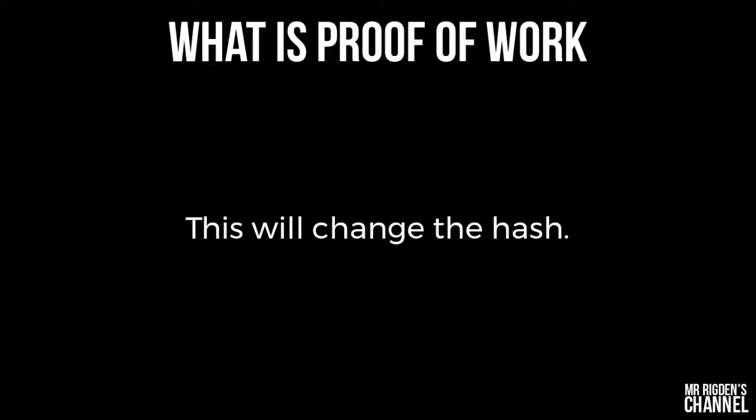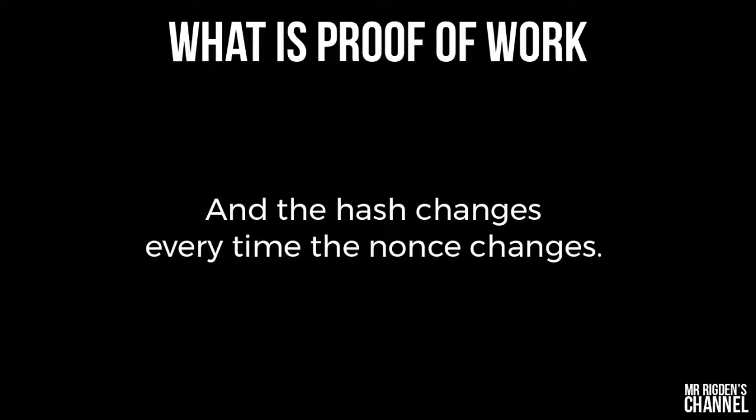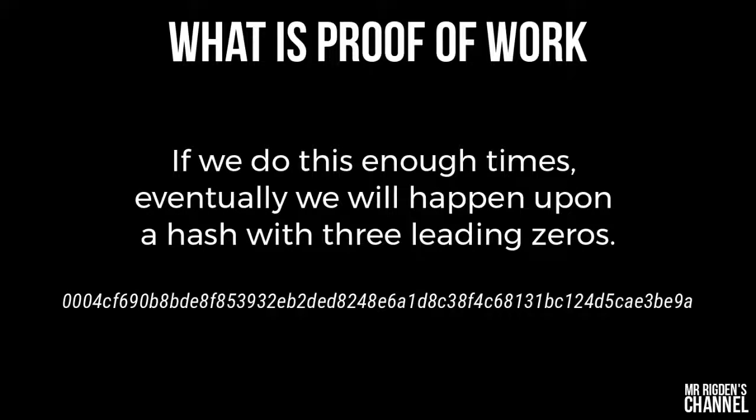The hash changes every time the nonce changes, all right? So if every time we hash some data, we change that nonce, the hash is going to be different each time. And if we do this enough times, eventually we're going to happen upon a hash with 3 leading zeros. This is what we're looking for. This is what the puzzle is. They're going to give us some data.